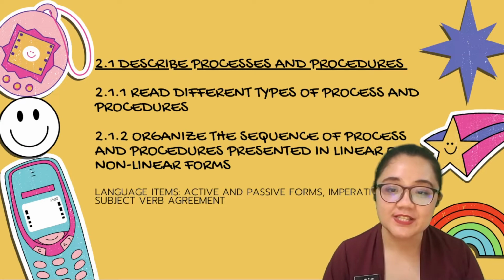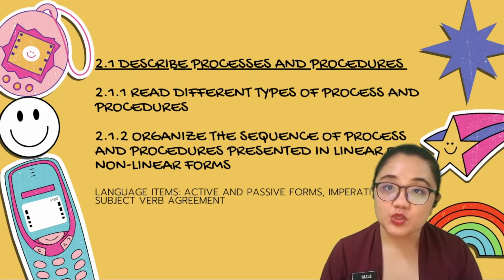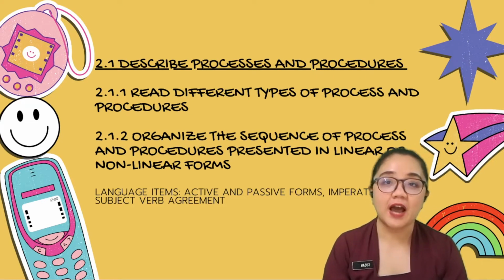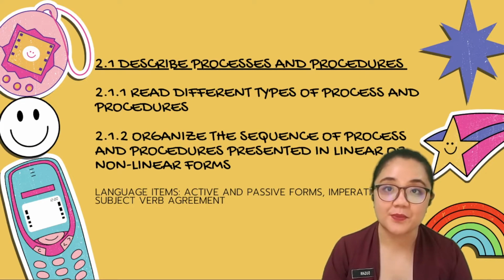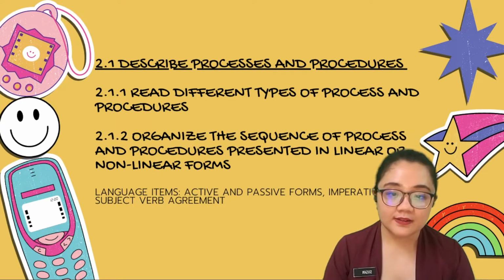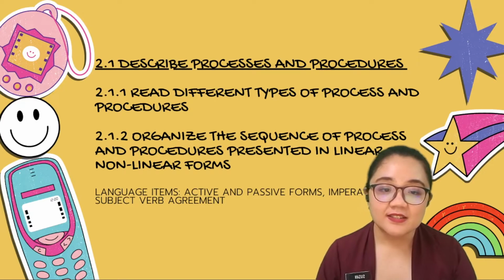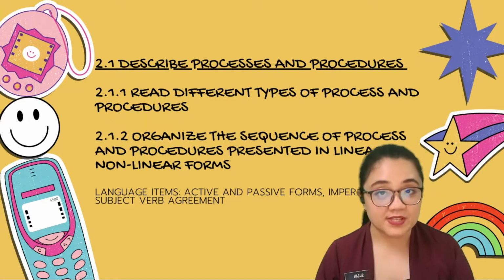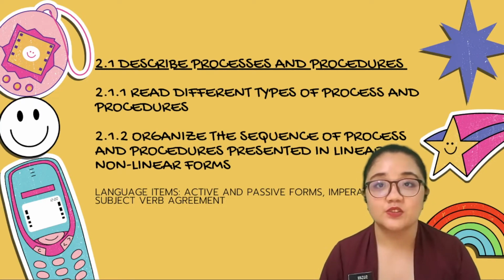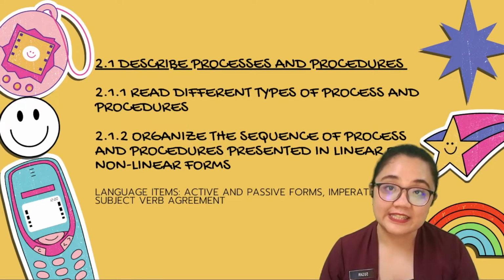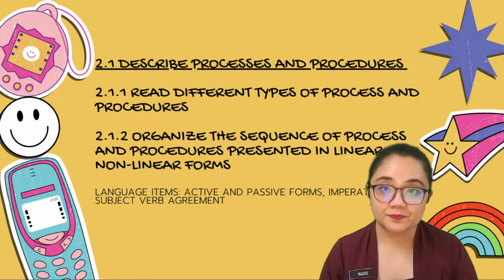Hi, teachers and students. For topic 2.1, lesson 1, we are going to learn how to read different types of processes and procedures. Then, the student should be able to organize the sequence of process and procedures according to the information presented in linear or nonlinear text.